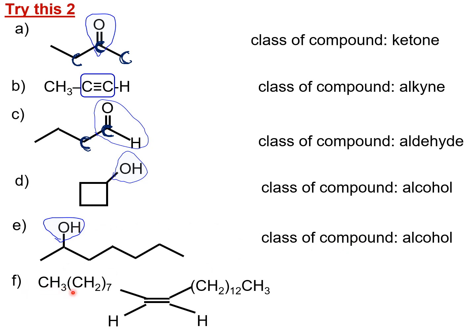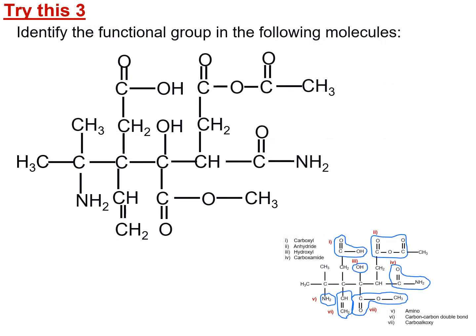For organic molecule F, I think everything is hydrocarbon except this one. You can circle this one to show that this is the class of compound alkene. Okay, to test your understanding, you can try this question and here is the answer.